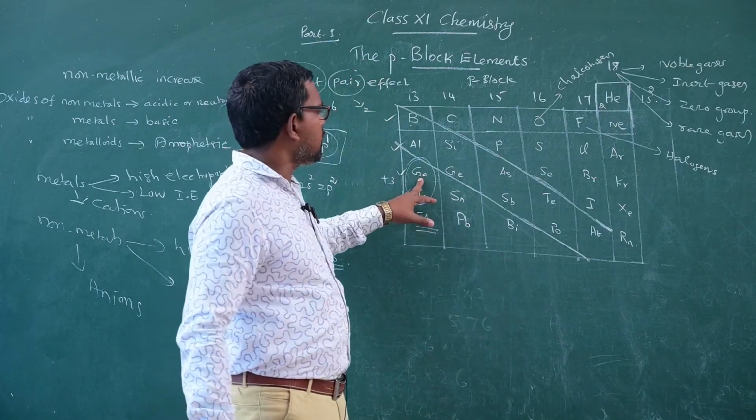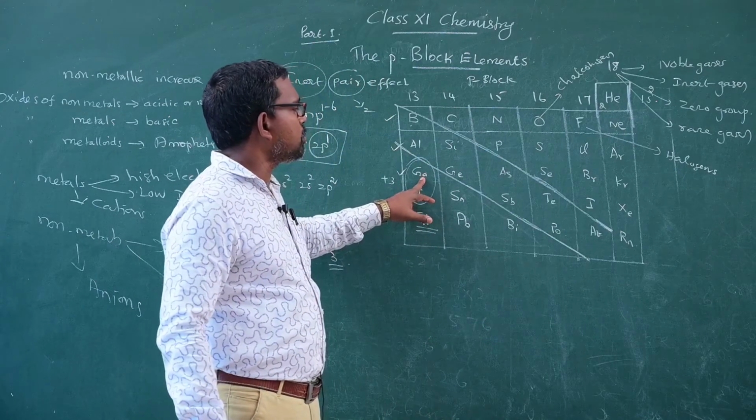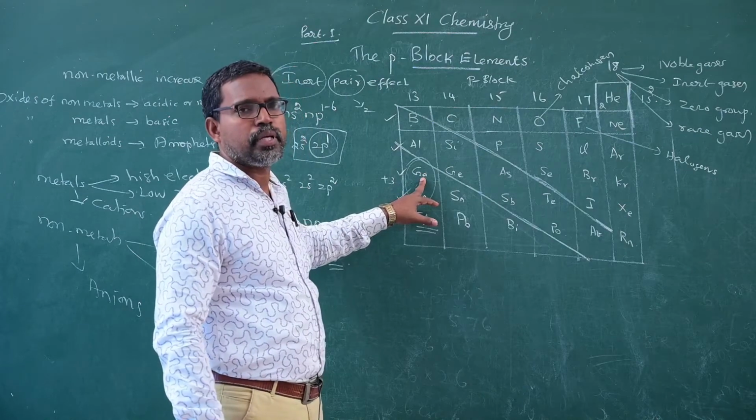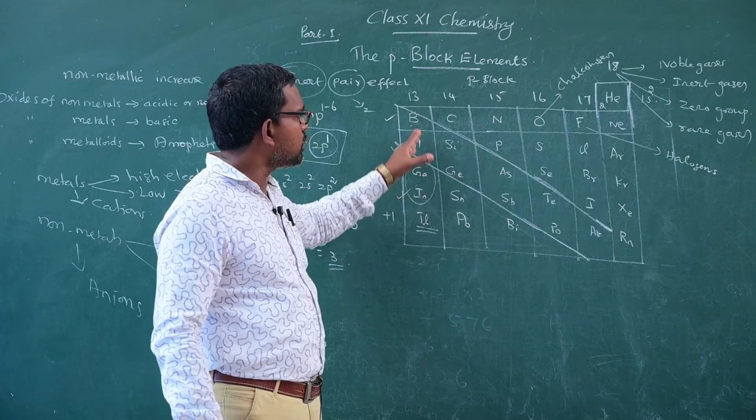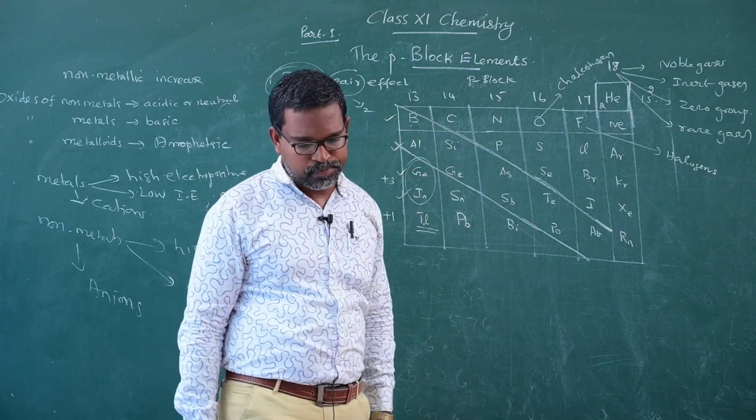But in the case of the fourth period, it consists of d orbitals. So these elements are more reactive than the previous period elements.